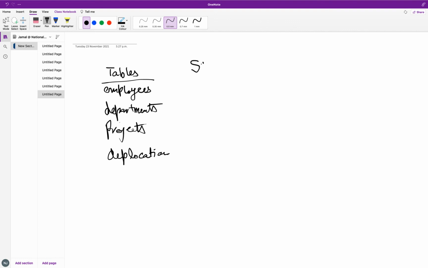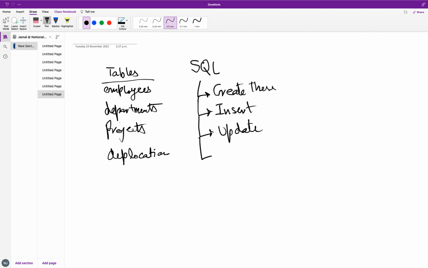So through SQL, what we can do, we can create these tables, we can insert a new record, we can update, we can delete, and we can extract information.